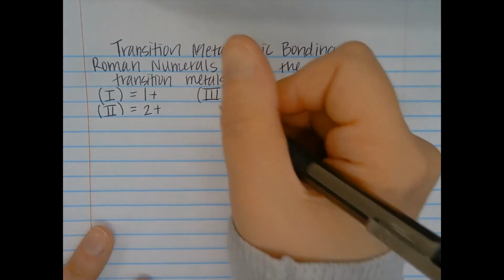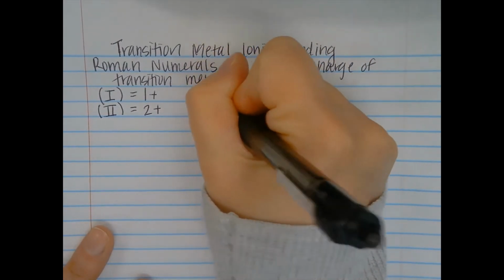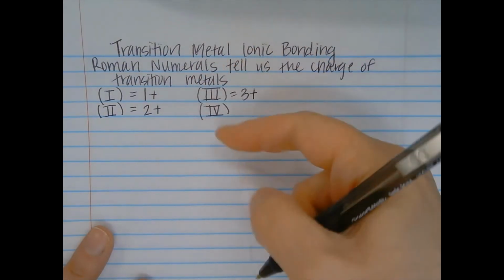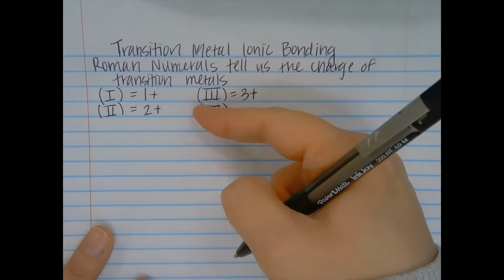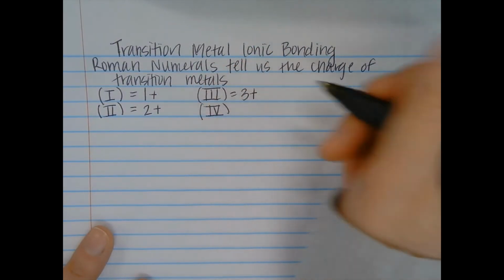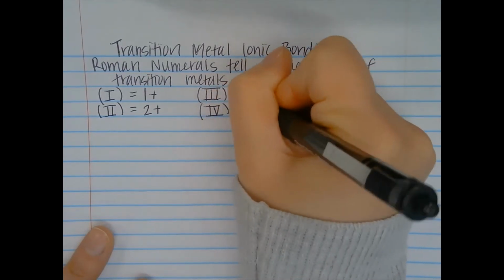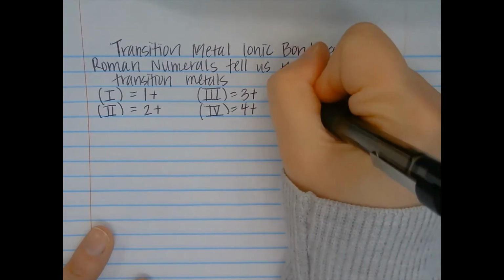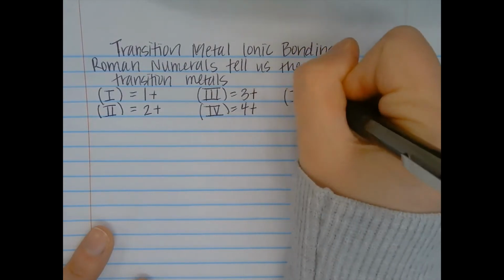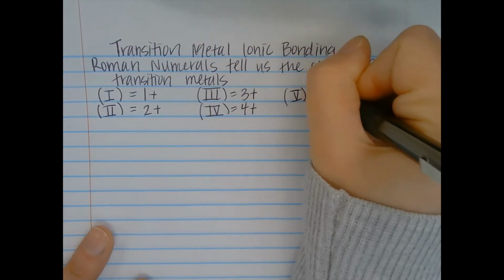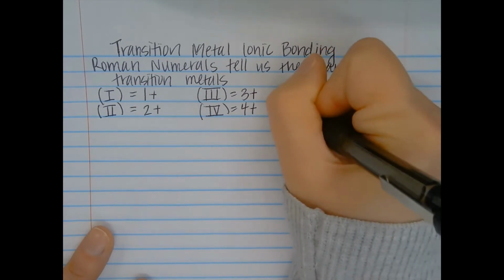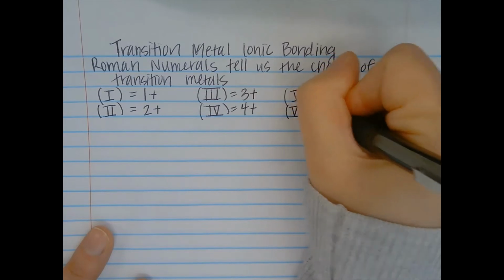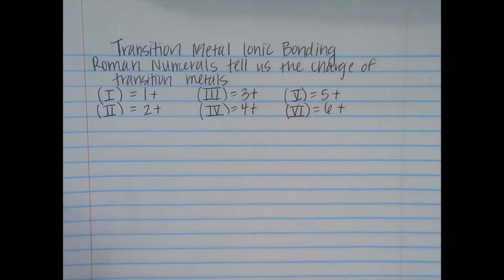Then 4 is an I and then a V; the V means 5 and the one before it means 5 minus 1. So this is a 4+ charge. A V is a 5+, and lastly we'll stop at 6, which is a V and then an I, is 6+.